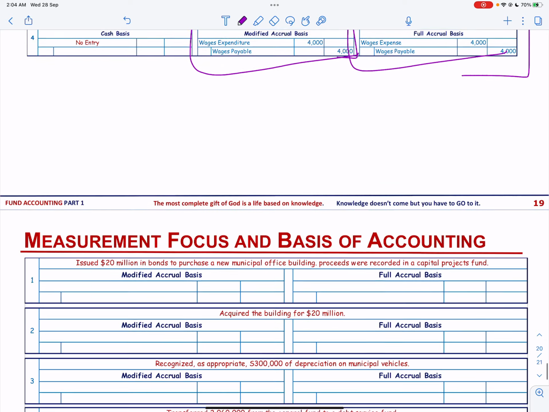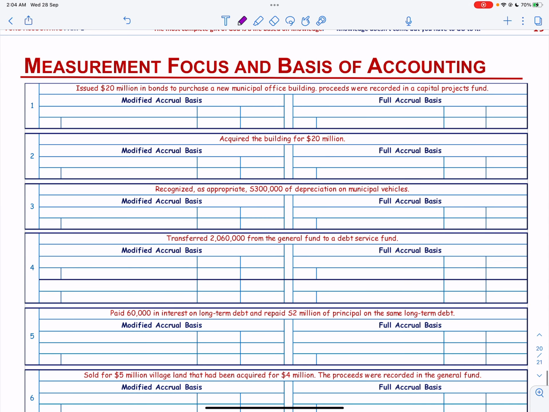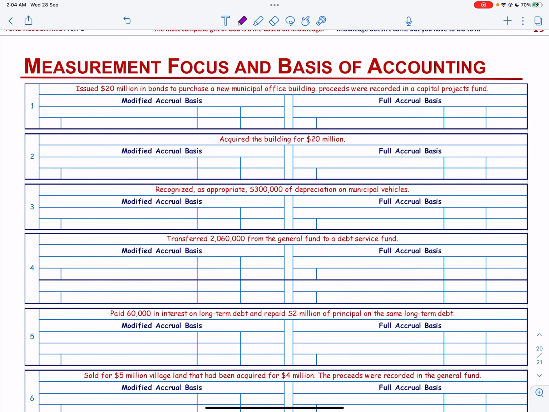So let us see some more transactions. In the first transaction, the government issued $20 million of bonds to purchase a new municipal official building. When it is modified accrual basis, we have received cash. So cash is debited by 20 million, and other sources of revenue is credited by 20 million.